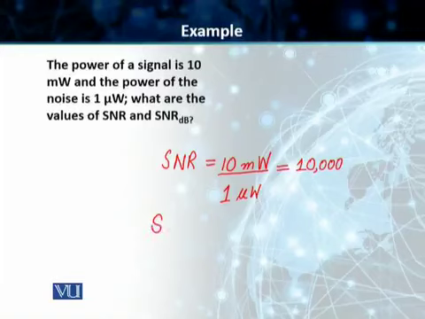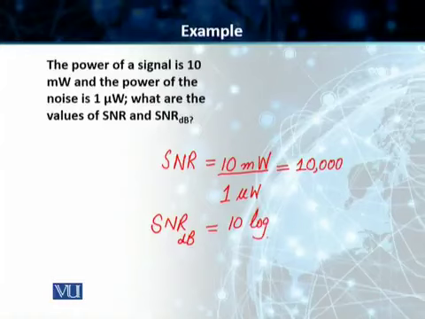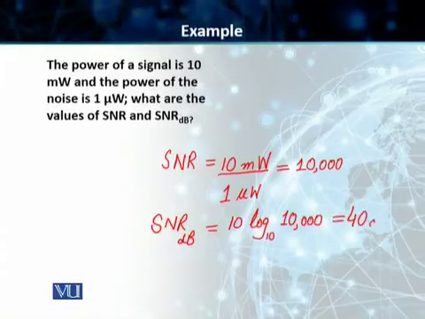Students, as I've just explained, to find out this SNR in dBs, what we do is we convert it into dBs. 10 log to the base 10 of 10,000, which is equal to 40 decibels. Our signal to noise ratio is in decibels.